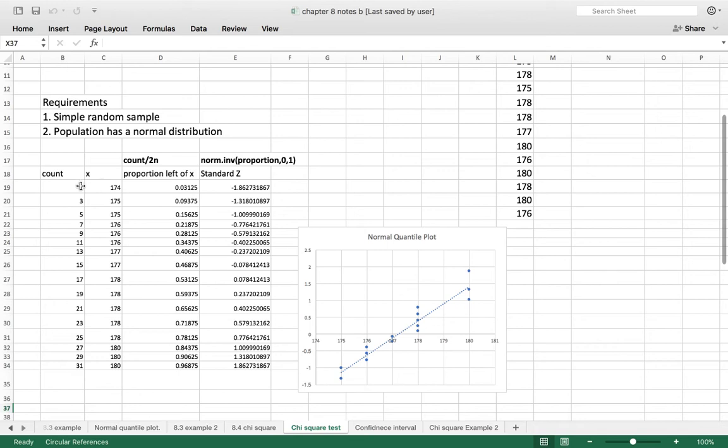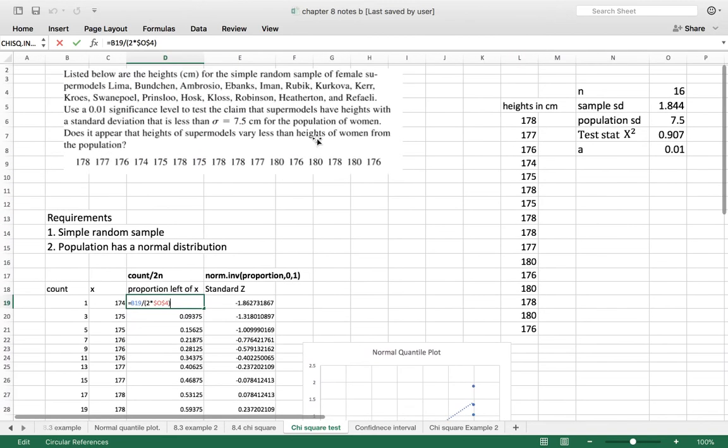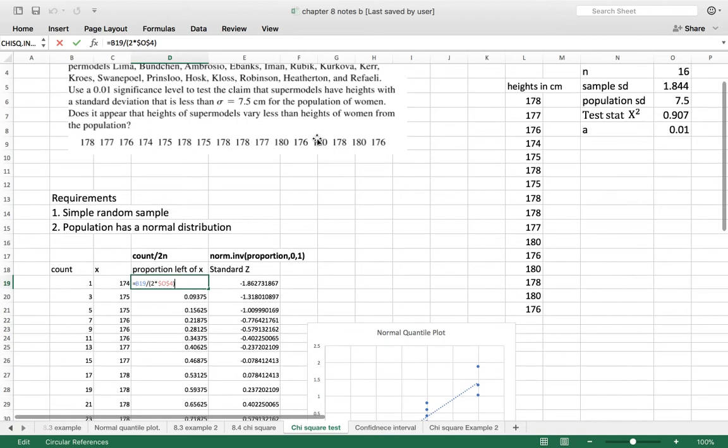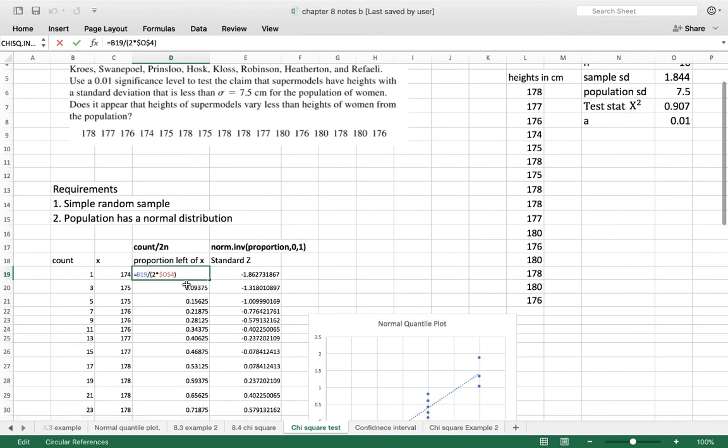I'm going to create a count column counting these with odd numbers. And then I'm going to create proportions to the left of each data value by taking the count number and dividing by 2 times 16. So 2 times my sample size. And so I create my proportions.